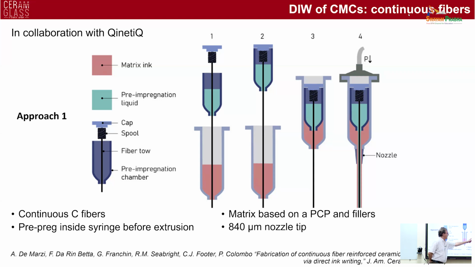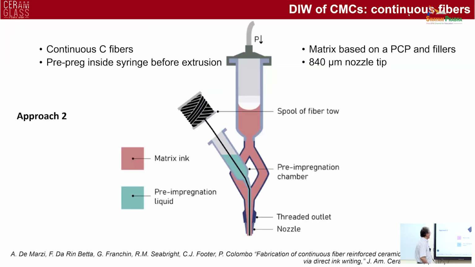There is no motor up there, so the fibers are extruded, they are not pushed. So you simply pass the fibers the first time, and then you increase the pressure, and everything is pushed out. So this is a system that worked, but not really nicely for reasons that I will explain in a moment.